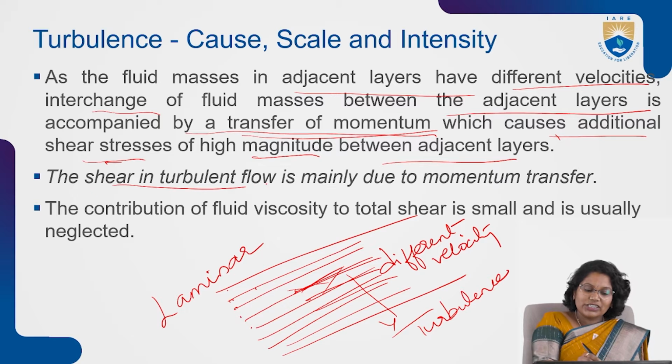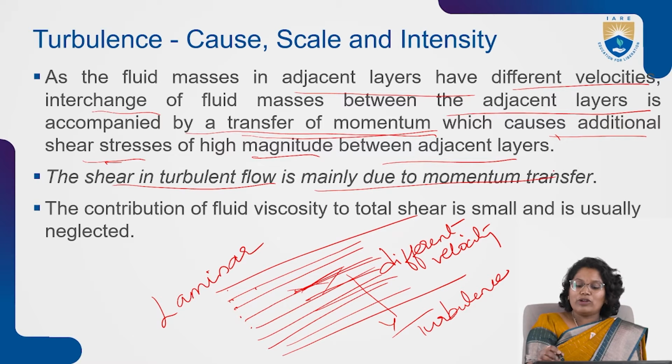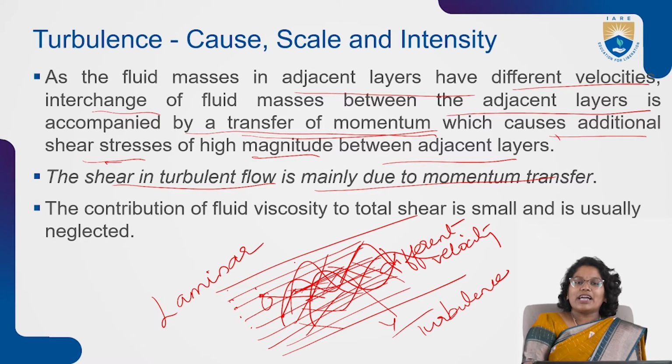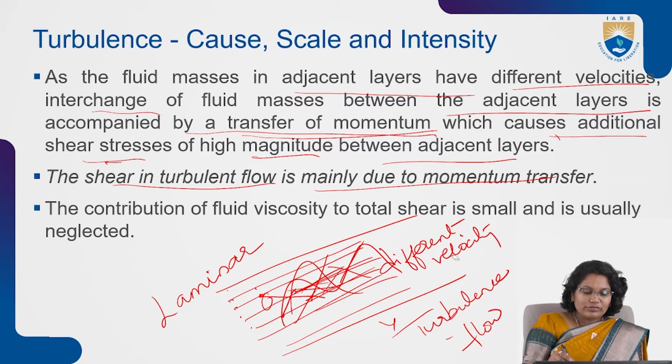The shear in turbulent flow is mainly because of momentum transfer, with the formation of eddies. There is more energy loss because of the irregular and sudden changes in the flow. The adjacent layers get disturbed because of the transfer of momentum, and due to this we see the flow as turbulence.